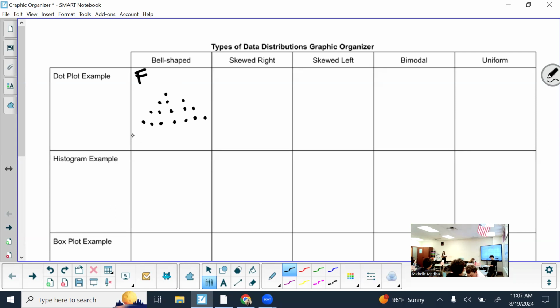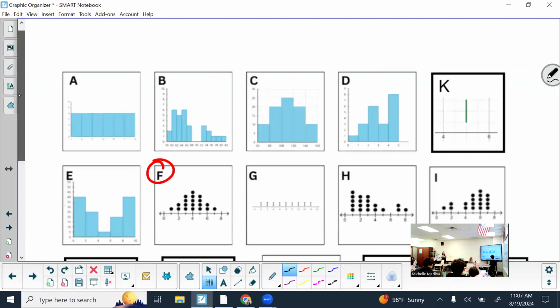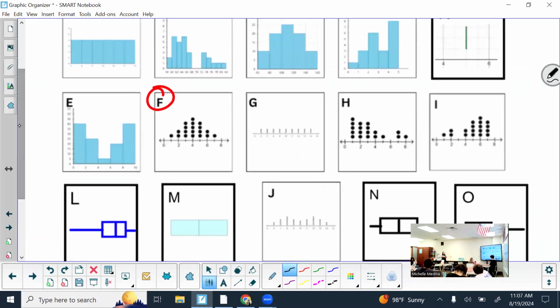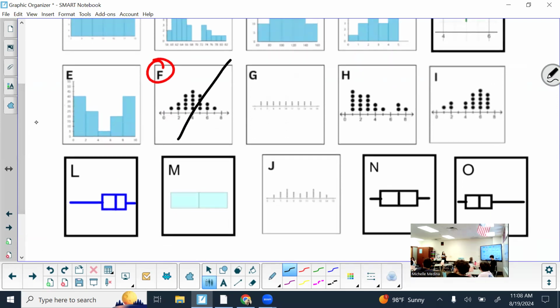Let's see, Cameron S. Which of these options would be our skewed right dot plot? Remember, we already used that, so don't pick up. Our skewed right dot plot. H, good. Where do I tell you to look so that you get the name right? Circle the void.